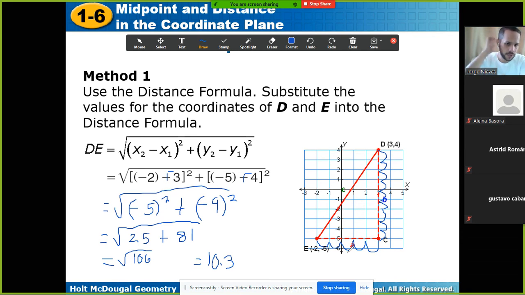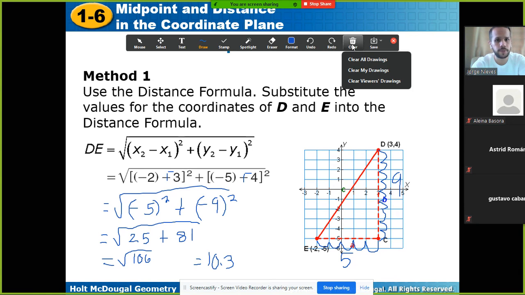So have this in your memory. We move 1, 2, 3, 4, 5, and we move 1, 2, 3, 4, 5, 6, 7, 8, 9. Have those numbers in your mind, because we're going to use them to apply the Pythagorean theorem.